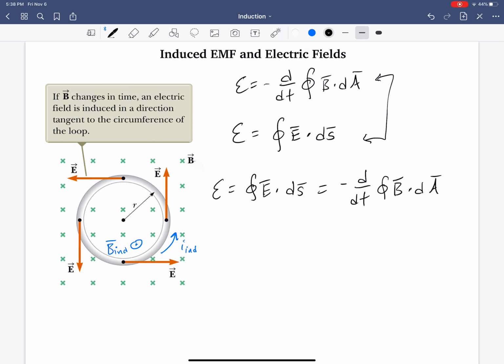If you do the magnetic force, that is QV cross B. That means by the right-hand rule, if we choose a point in that direction, B is into the page, that means that the force is leftward. But that's not the force that initially gets them in motion, because that force is to the left. There's a force in the direction of the electric field. What force is that? It's the electric force.